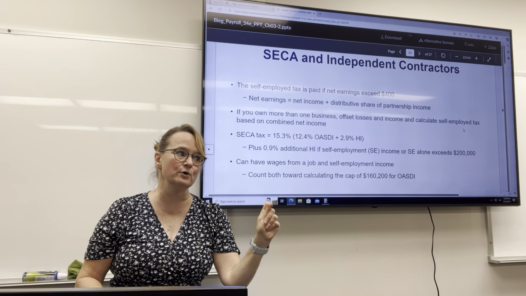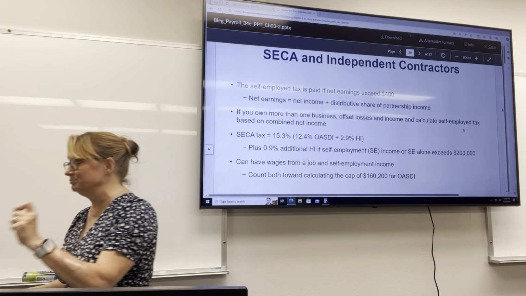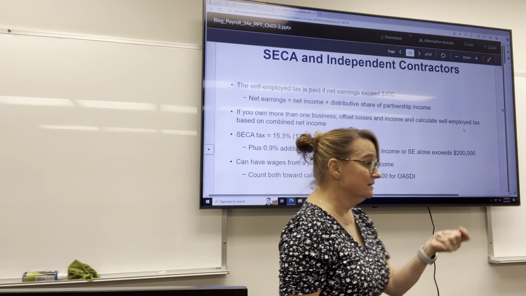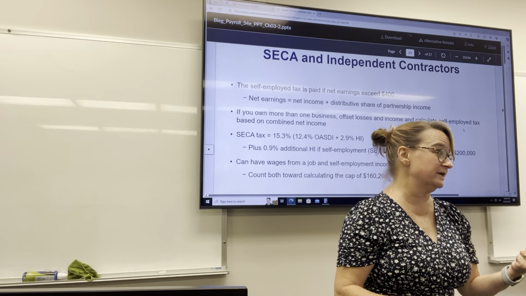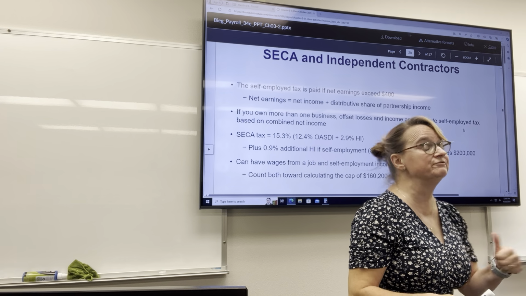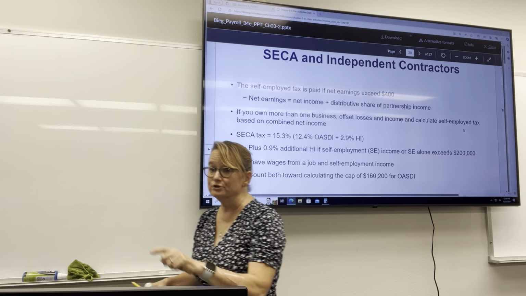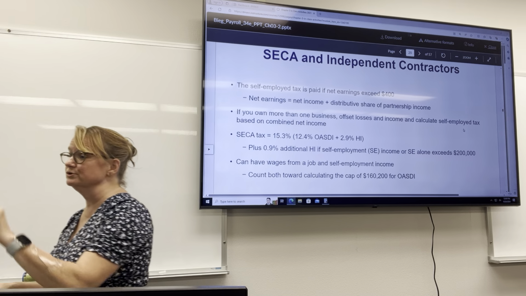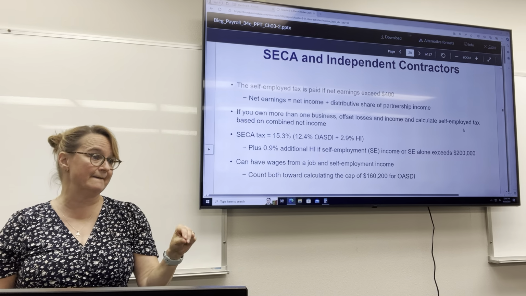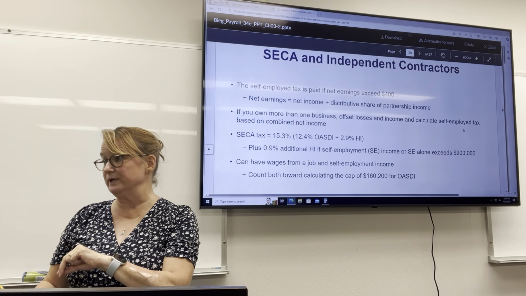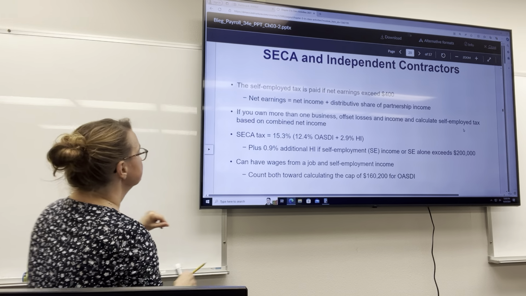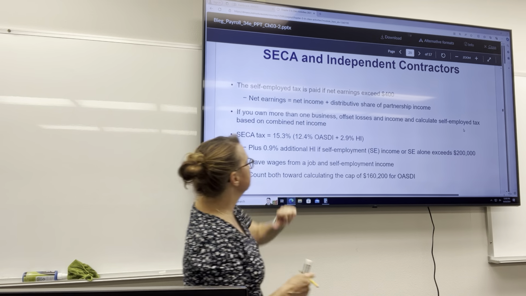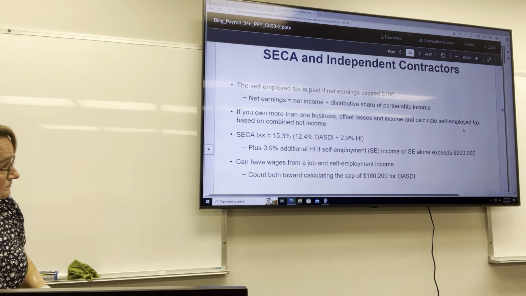So you do have to know that partners are considered self-employed, which means the employer isn't going to withhold any Social Security or Medicare tax for the partners, only for the employees. Partnerships can have employees. Partners are the owners of those partnerships, okay? They cannot be employees of those partnerships. So that's why they're talking here about the distributive share partnership income.